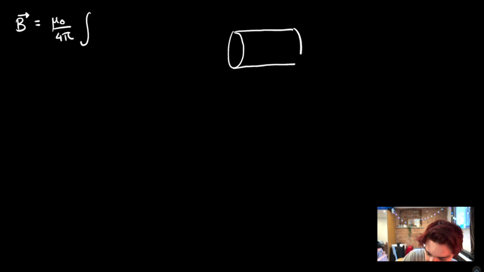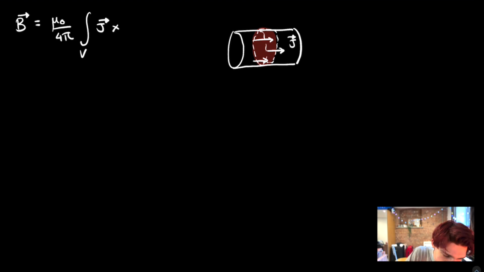The simplest case of this is a wire where we're zoomed into the wire right here, and this wire has a current density, a current per unit surface area, of J. This integral was over a volume, for example this cylindrical region right here, and it would be equal to J cross-producted with the gradient of minus 1 over R, dV.